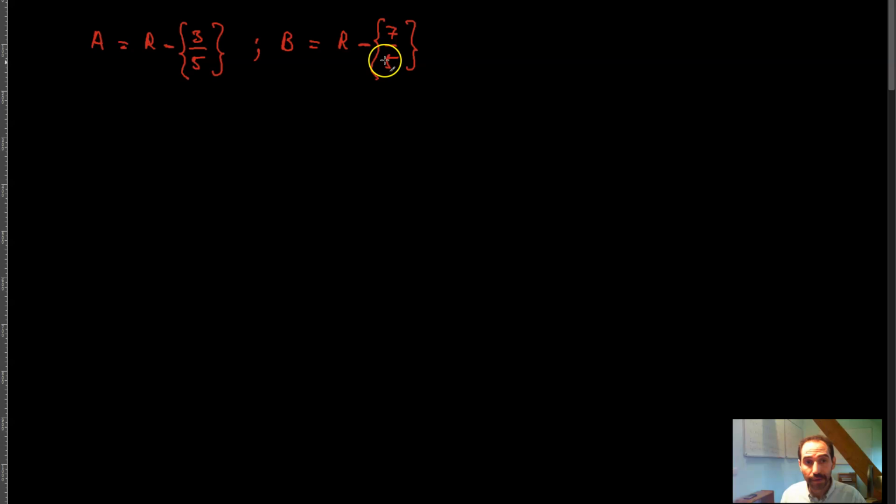Now we have a function f which is from r minus 7/5, which is b, to r minus 3/5, which is a. So the function f is from b to a, and then this way we can understand this much better. And this function f is defined by f of x is equal to (3x plus 4) divided by (5x minus 7), right?